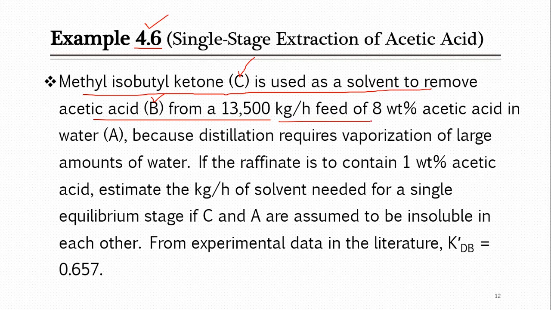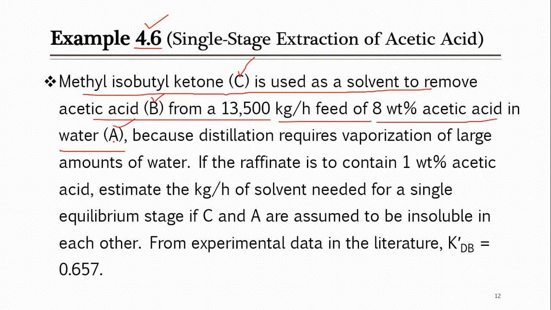This methyl isobutyl ketone is used to remove acetic acid from 13,500 kg per hour of feed of 8 weight percent acetic acid. So here he has provided acetic acid in water, and water is represented with A, that is the carrier, the part of the feed present in large amount. The overall flow rate of the feed is 13,500 kg per hour, and it contains 8% acetic acid.